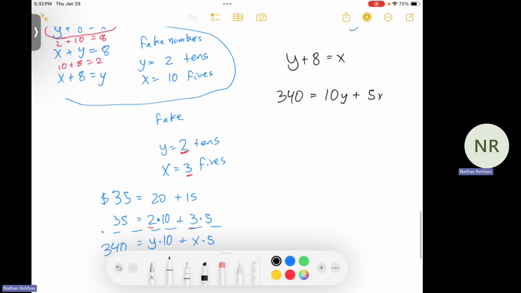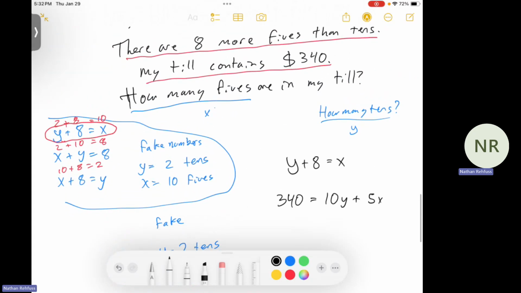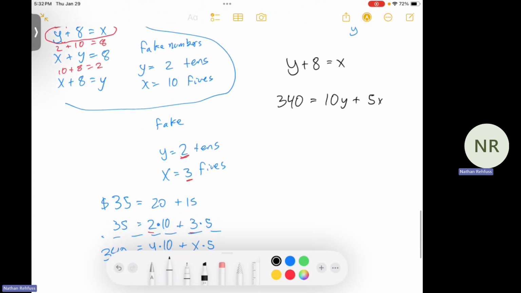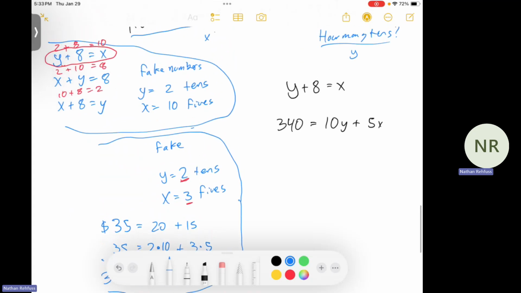Okay, we have 2 letters and we have 2 equations. We are ready for step 4. Step 3 is finished. We used our fake numbers. Let's bubble those off so we don't accidentally think they're real. We used fake numbers to come up with these equations. Now we can say, all right, if y plus 8 is x, I have an easy thing to substitute.